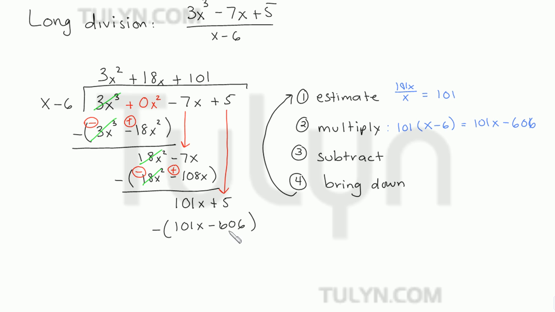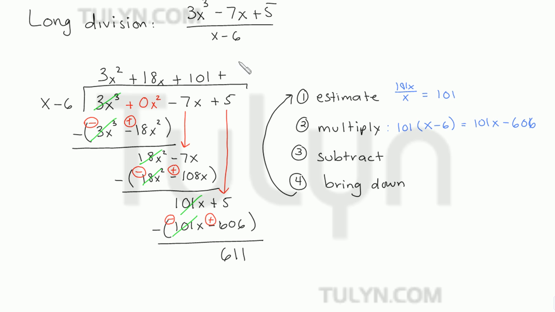So then the third step, when we subtract, this sign is going to become negative and this sign is going to become positive. So the 101x's cancel out since there's a negative and a positive, and then we have plus 5 plus 606, which gives us 611. And now we can't estimate 611 into x minus 6, so this is our remainder.